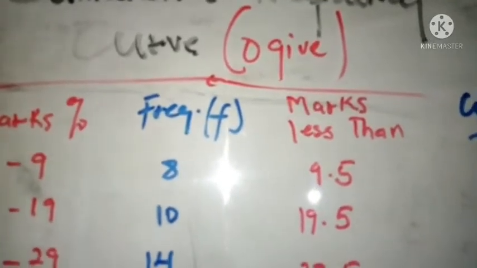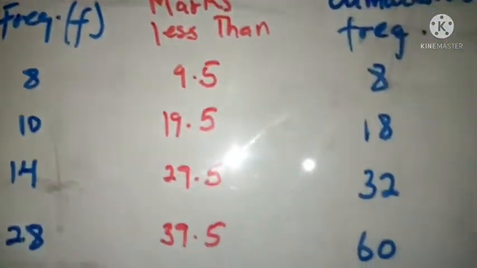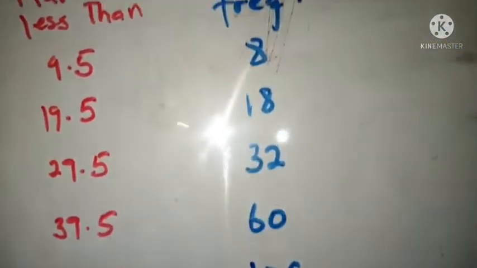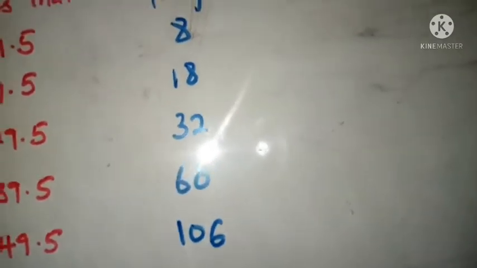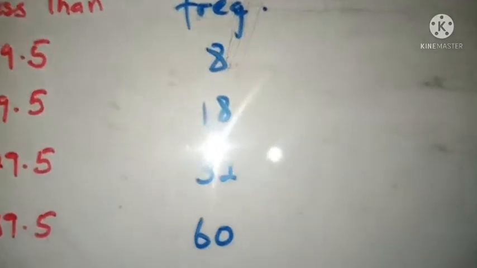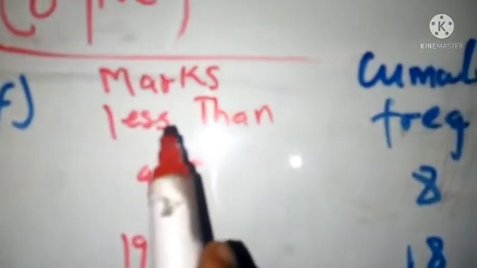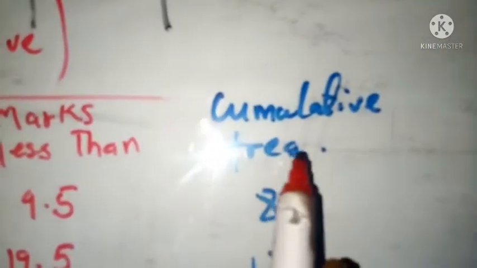From the question, we are given marks obtained by candidates in their exams, and we have been asked to draw a cumulative frequency curve based on the information being given. One thing you have to pay attention to is that in a cumulative frequency curve you need two things: the marks less than, and the cumulative frequency.